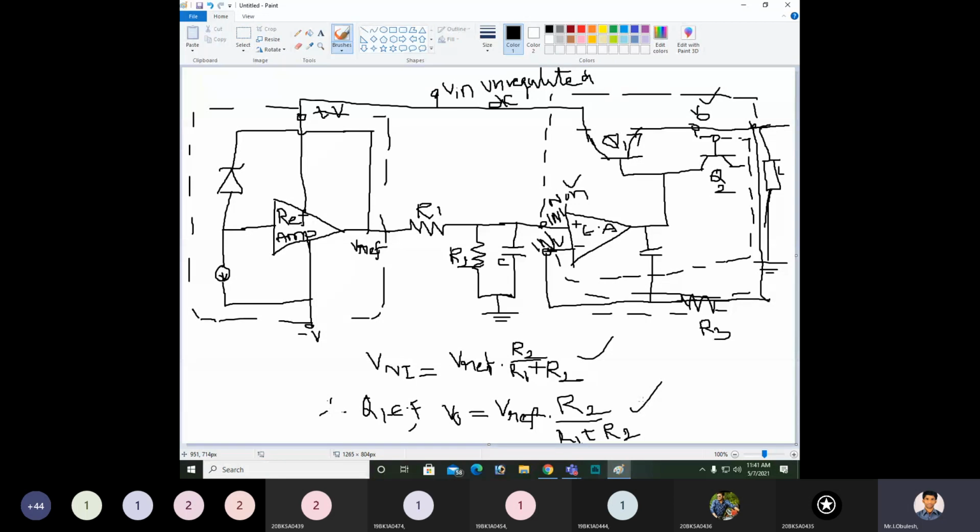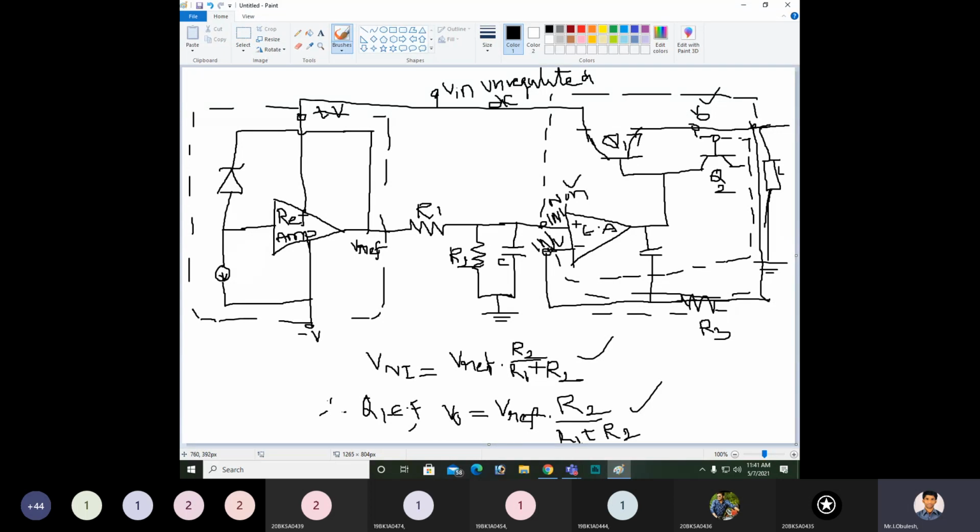Now, if the output voltage becomes low, what will happen? If the V0 value is low, the input applied at the inverting input terminal also goes down.